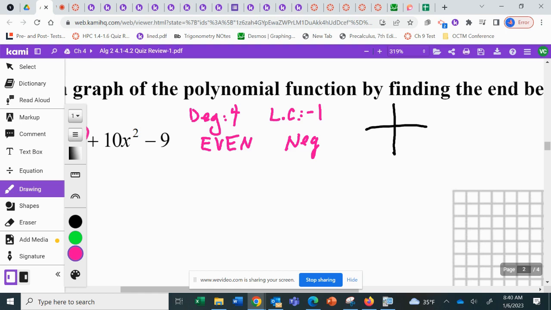Now, because this one's negative, are they going to be up, up, or down, down? Down, down. So I know the outside of this graph is going to be down, down. It could look like a parabola, or maybe it could have a crazy little shape in the middle. I don't know what the middle looks like yet, but I know that it is down, down.